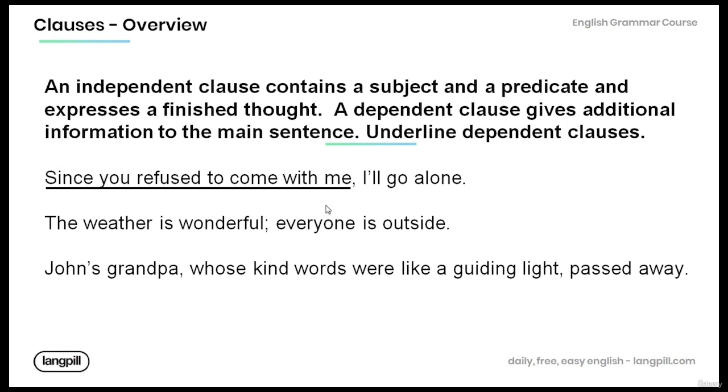Since you refuse to come with me. The weather is wonderful. Everyone is outside. No dependent clause. John's grandpa, whose kind words were like a guiding light, passed away. Whose kind words were like a guiding light.